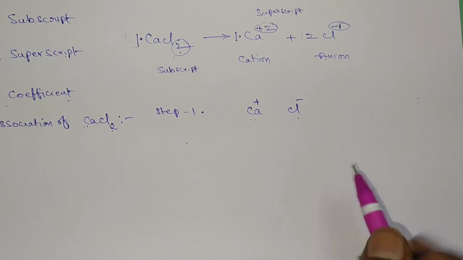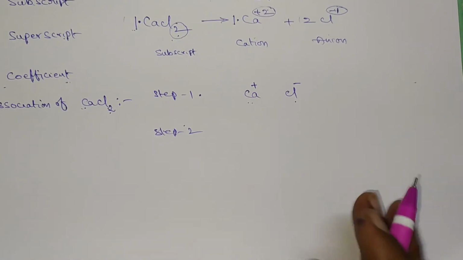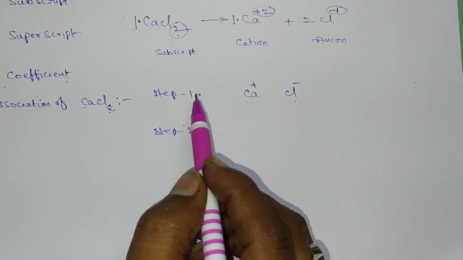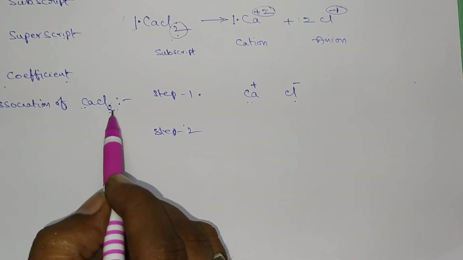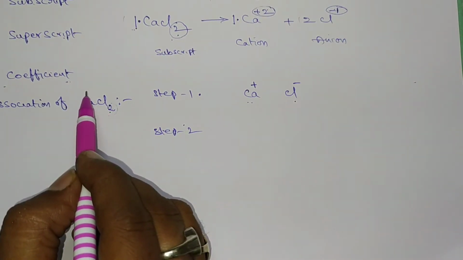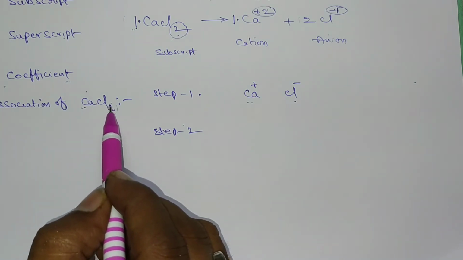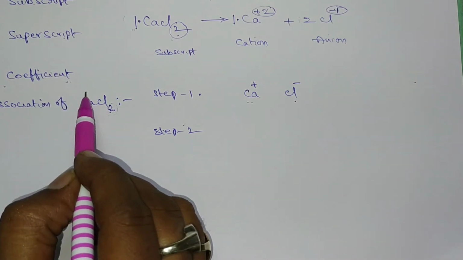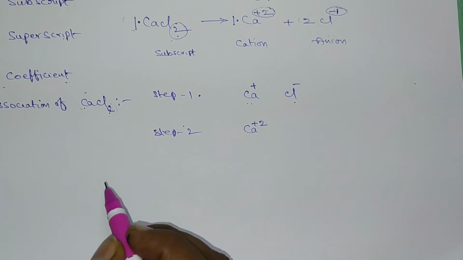In the second step, the subscript of one species will become the superscript for the other species. Here chlorine has subscript 2. So this subscript will become superscript for calcium. That means calcium becomes Ca plus 2.